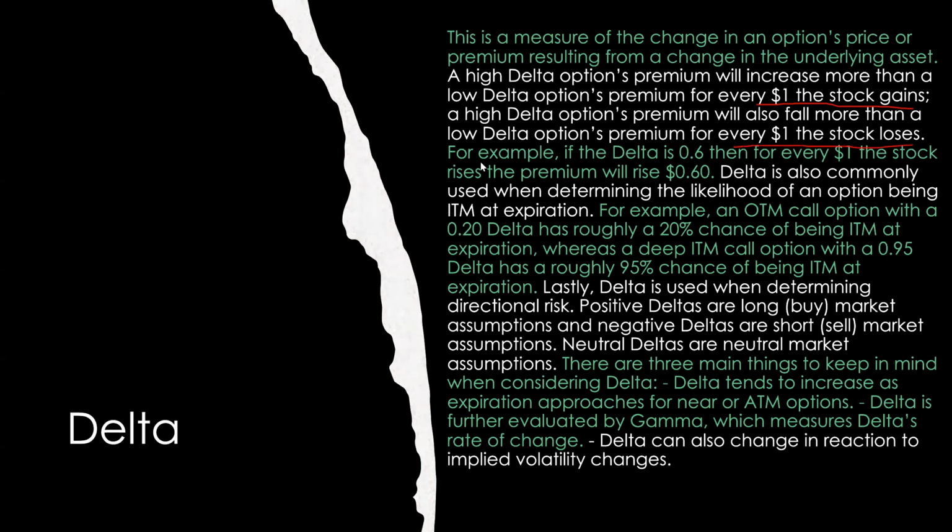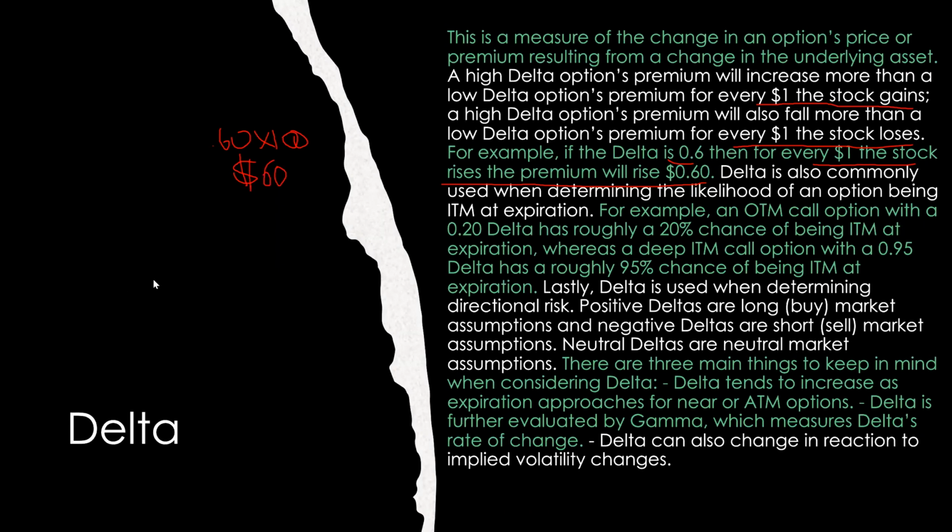For example, if the delta is 0.60, then for every $1 the stock rises, the premium will rise 60 cents. Now we're options traders, so that 60 cents is times the 100. So you're really going to go up $60 per options contract for every dollar that the underlying moves.